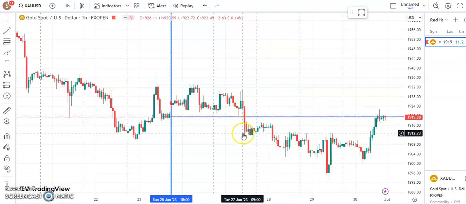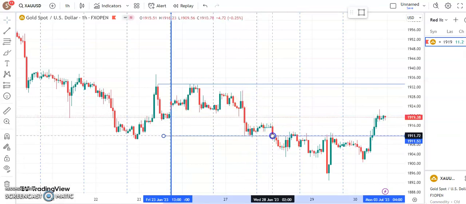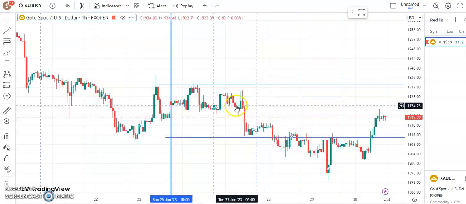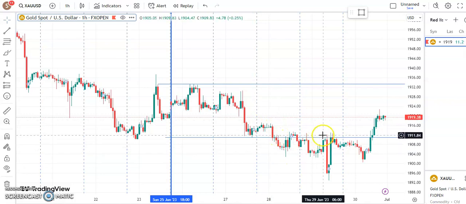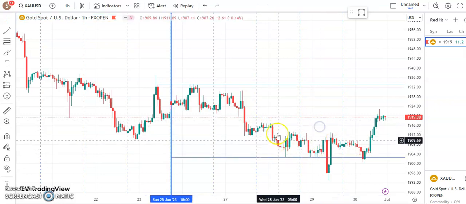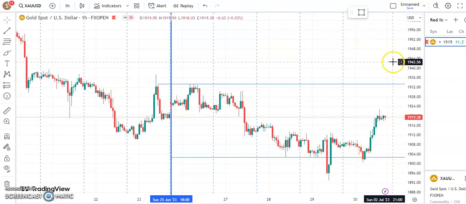So we have the first break, the second break, alright? So we have the first break on Tuesday, the second break on Wednesday, and the third break on Thursday for the reversal, for the move up.